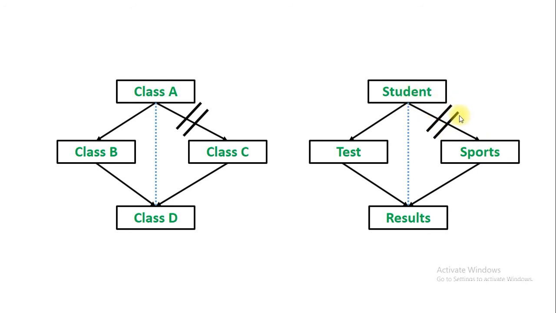That means this line is avoided. You need to skip this line right now. The limitation, the disadvantage of hybrid inheritance, I have already explained. Remember one thing, that if class A contains 100 rupees, it is divided between class B and C.